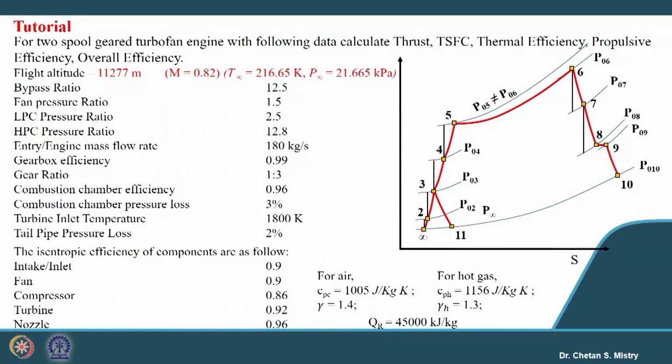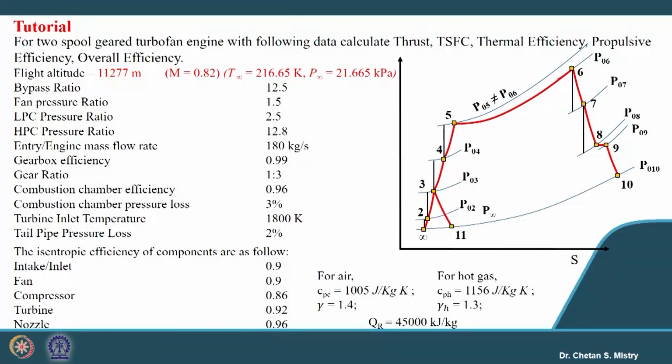So, we have a 2 spool geared turbofan engine, and we want to calculate the thrust specific fuel consumption, thermal efficiency, propulsive efficiency and overall efficiency. Here we are considering a flight condition at an altitude of 11,277 meters and a flying Mach number of 0.82, where the temperature is 216.65 Kelvin and the pressure is 21.665 kilopascal.